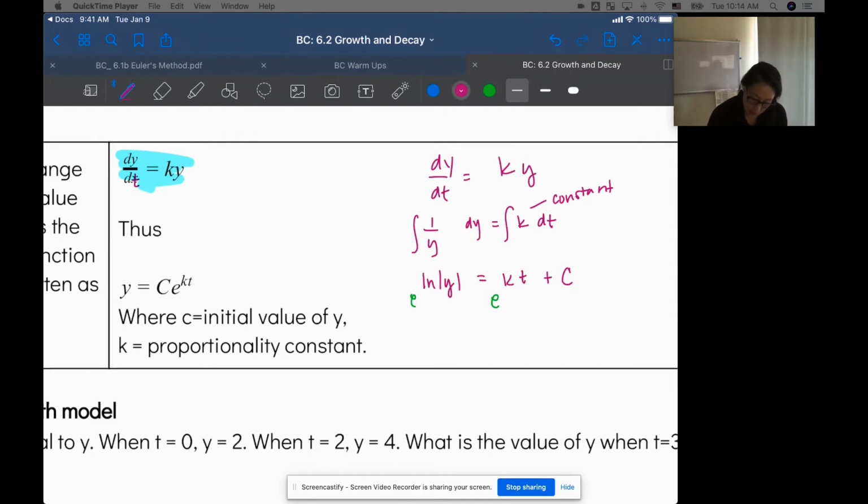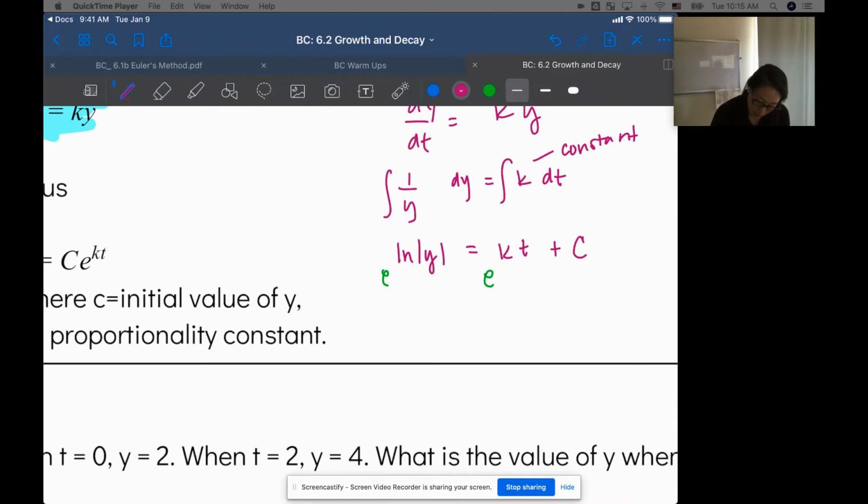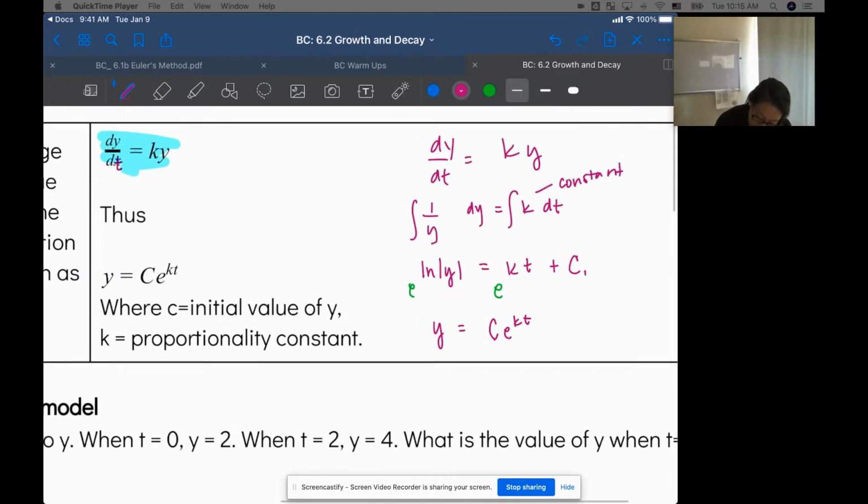And then I end up with the absolute value of y, which I'm going to write just as y, because what I remember is that the e to the c comes out as just a constant, so I'll put c1, times e to the kt, and the plus and the minus from the absolute value gets absorbed into that c value as well.